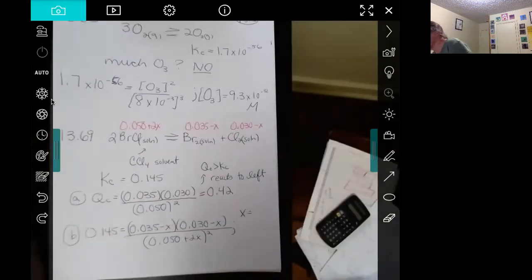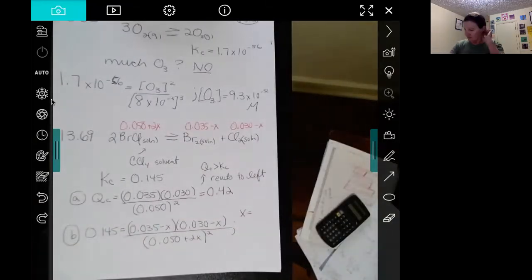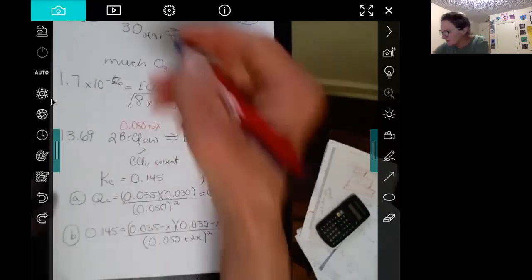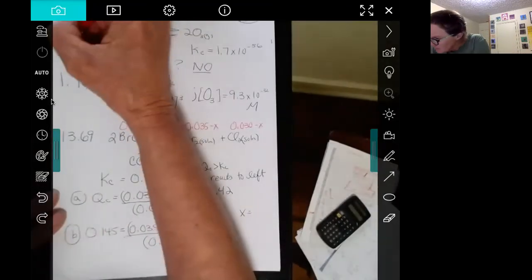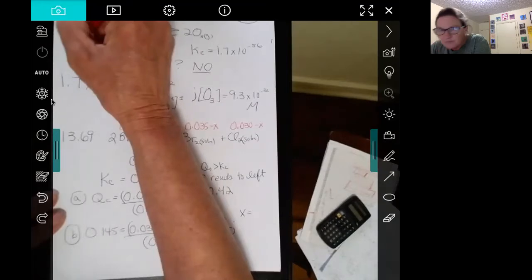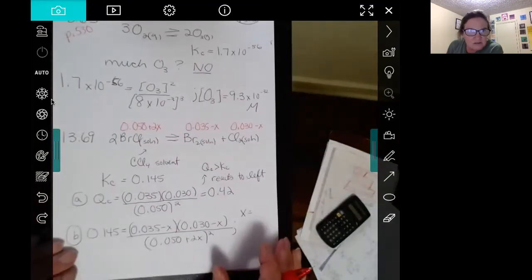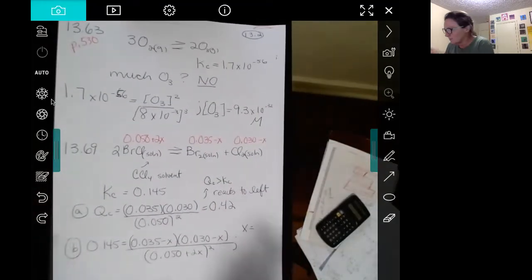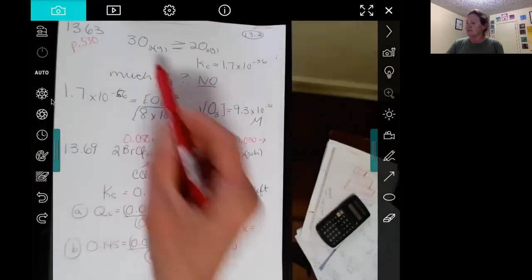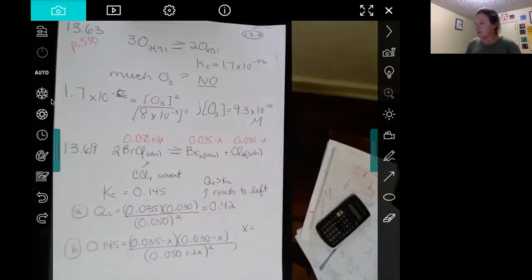So the next problem we're going to look at is 63. So that one is also on page 530. It's one where we have oxygen diatomic in equilibrium with ozone.